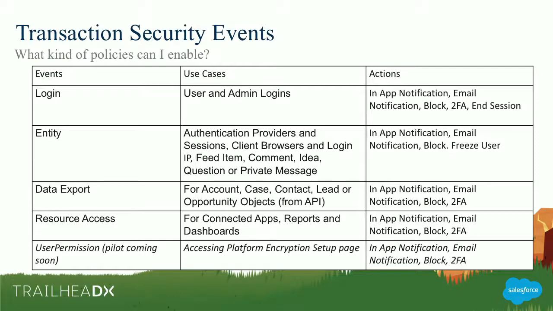Another event is resource access. If somebody is trying to access using connected apps, you can write a policy. And the last one, the user permission event, is going to become pilot soon, which will enable you to write a policy when somebody is trying to access the platform encryption setup page.